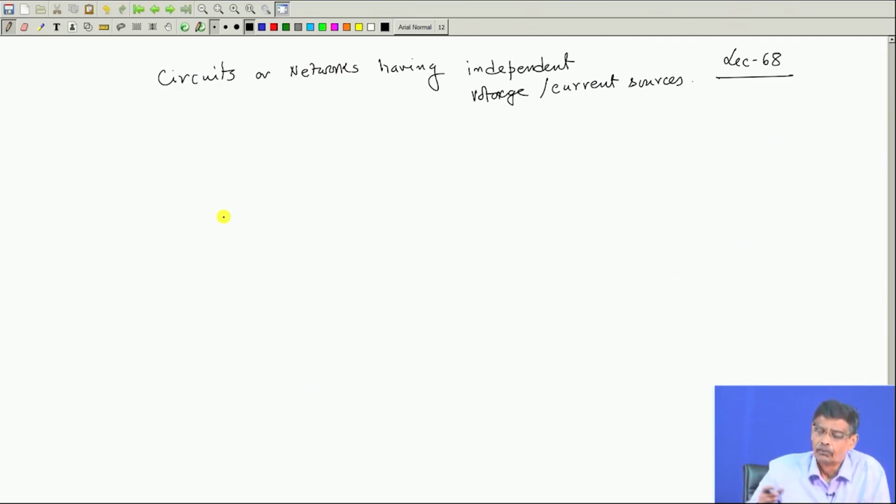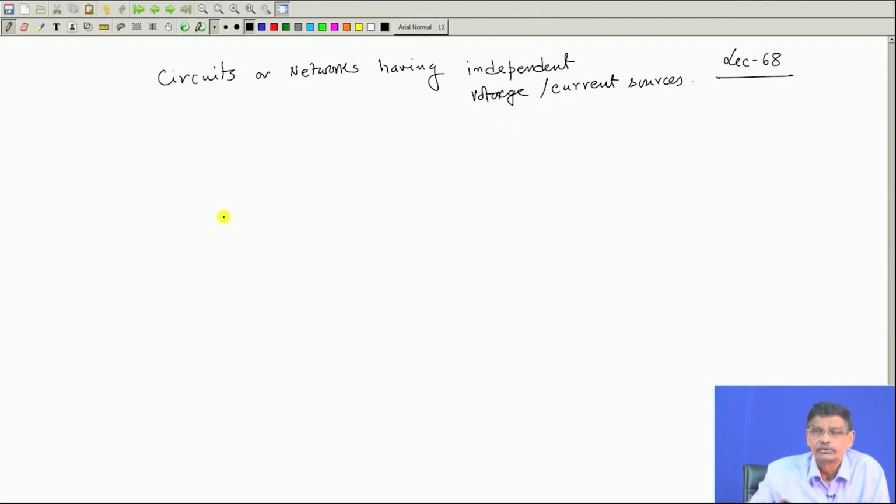It means that whatever parameters are connected in the network, R, L, C and so on, the terminal voltage of an ideal voltage source is independent of what you connect across it.